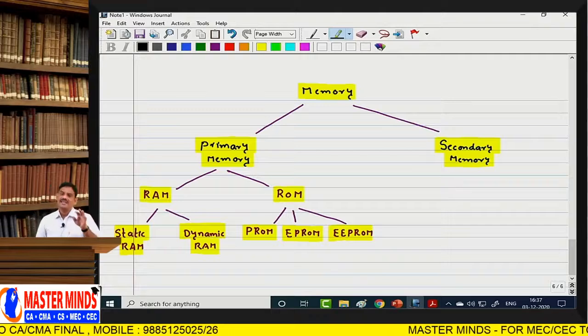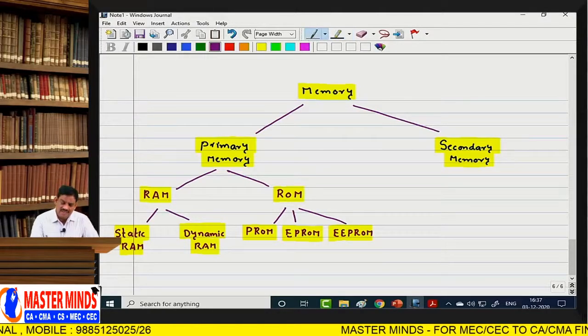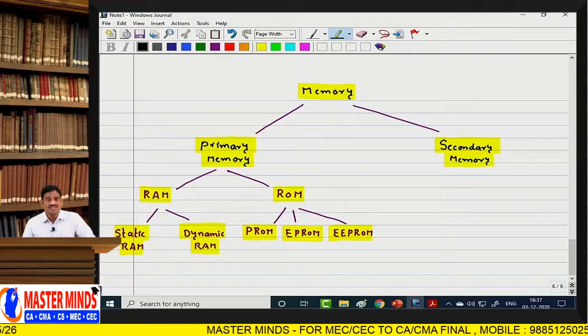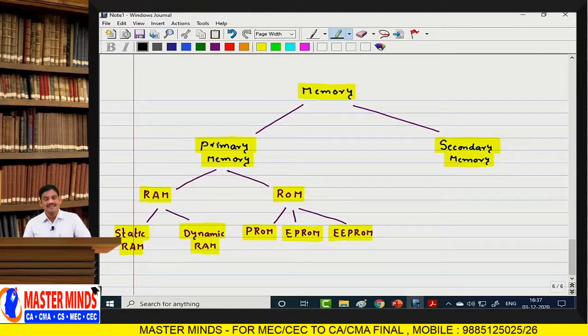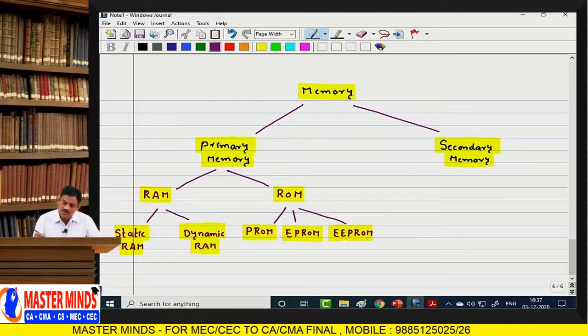Next, secondary memory. This is also called auxiliary memory, non-volatile memory, permanent memory, magnetic or optical memory. It can be divided into two categories.